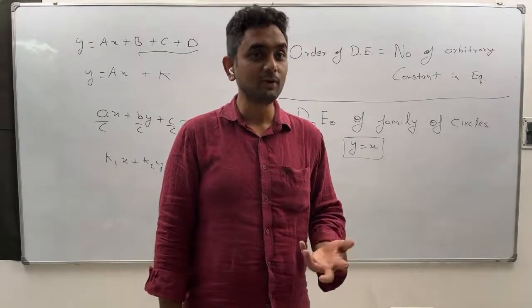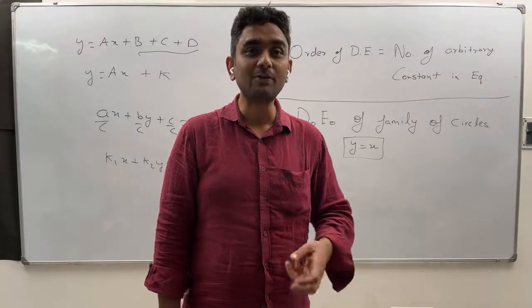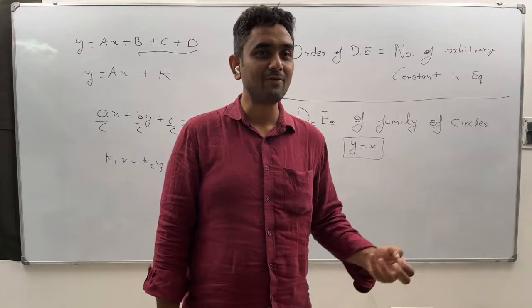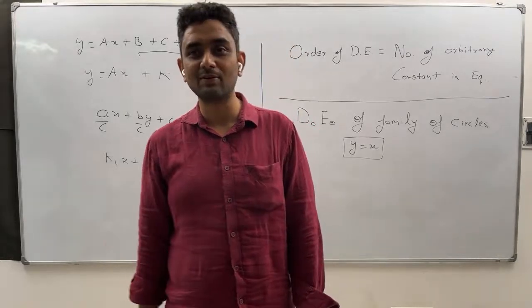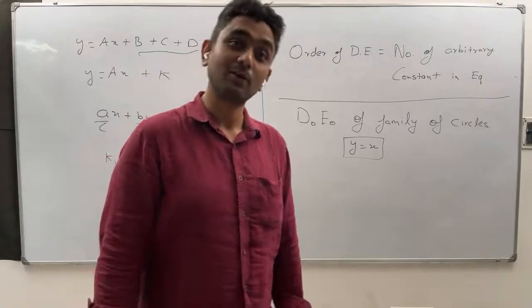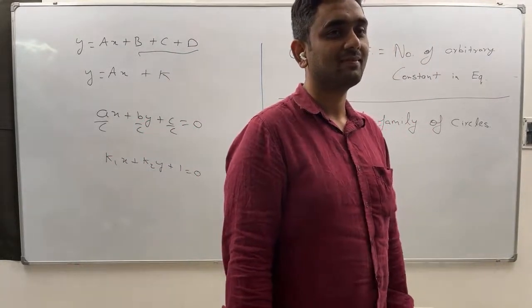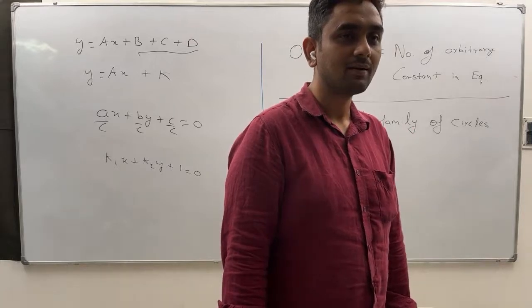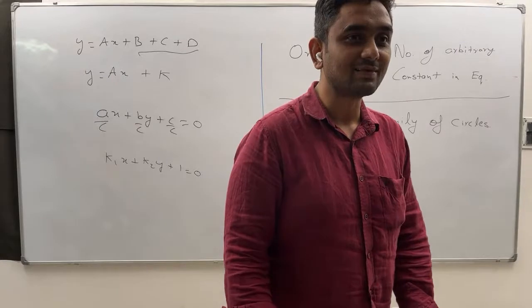So what is the first thing you need to know over here? What will be the equation of a circle having center on the line y equal to x? Only when you find that can you find the differential equation. Center is at x comma y?